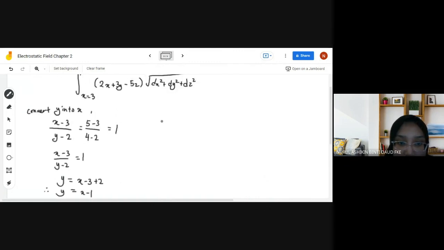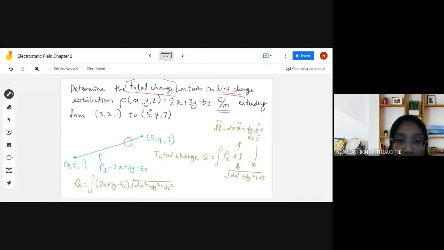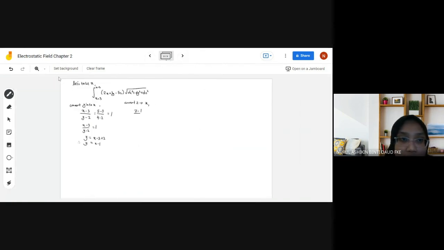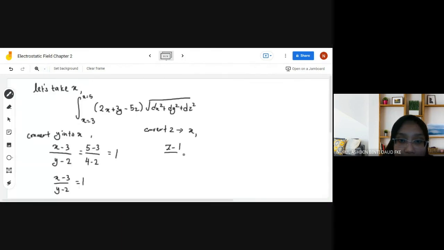The next step is to convert the other variable, z, into x. We can use the same method. So z minus 1, because the origin is 1, over x minus 3, where the origin is 3.